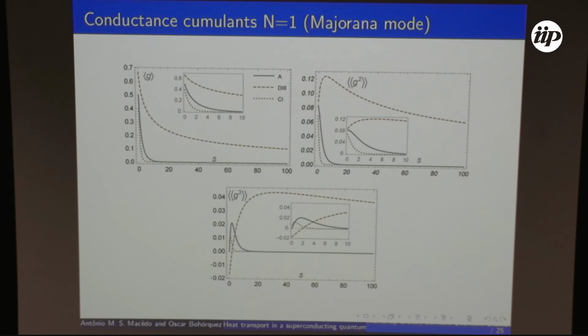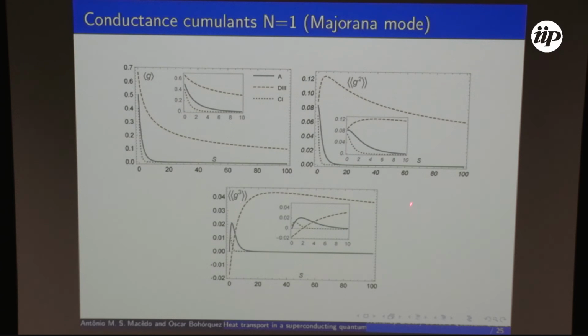So if you look at the difference between G3 and the third cumulant for class D3, that is where you have this Majorana mode, and the other ones where you don't have. So this is where you have the topological superconductor. It's one realization, topological superconductor.